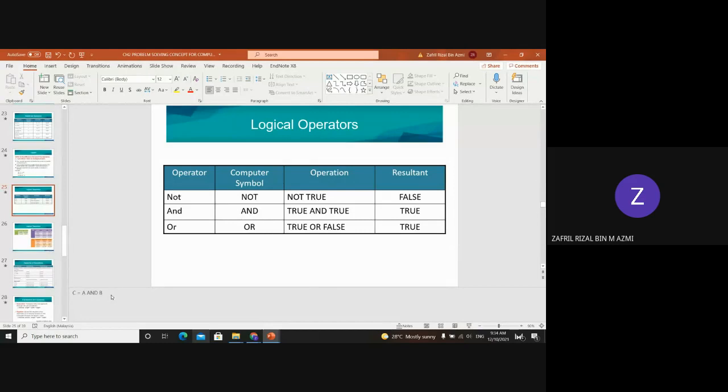A must be true, B must be true, then you will get C equal to true. Okay, what if A is false, B is false? False. Both false, so it's going to be false. Okay, good. So you get it?